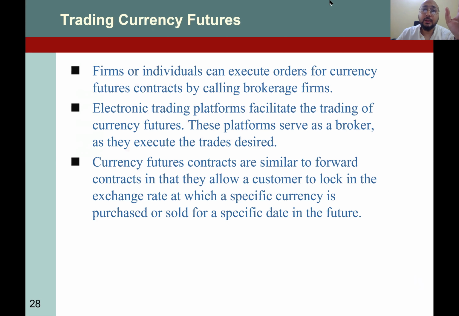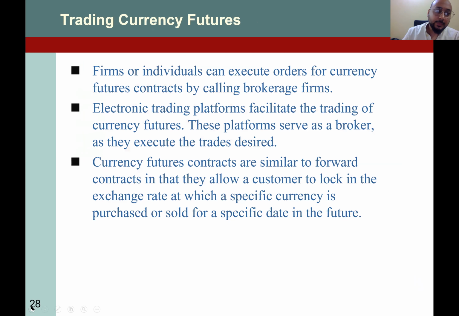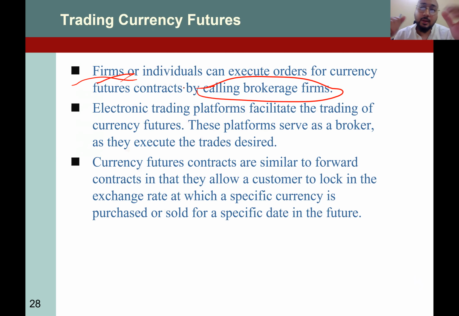Why? Because it is heavily traded on currency, stock exchange as well. So in futures, individuals or firms can execute orders for currency futures by calling the brokerage firm. It means there is someone who is doing some transaction on your behalf.